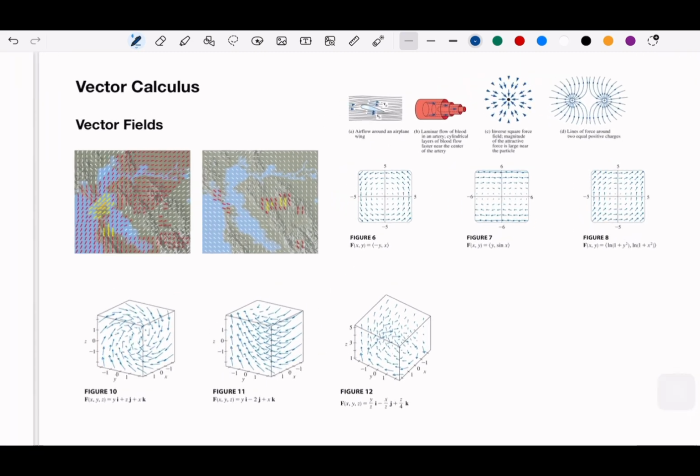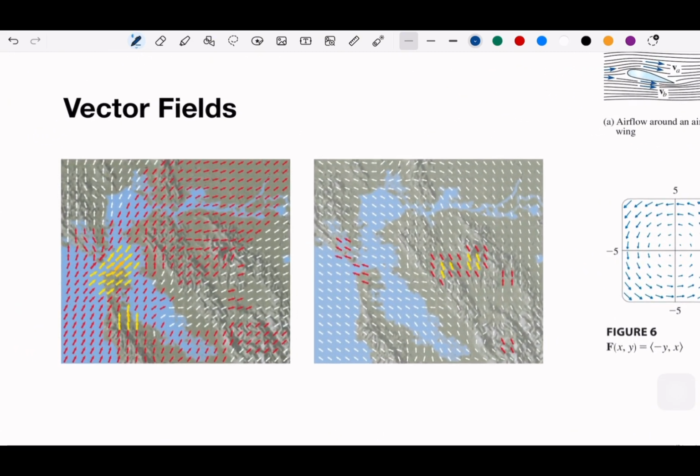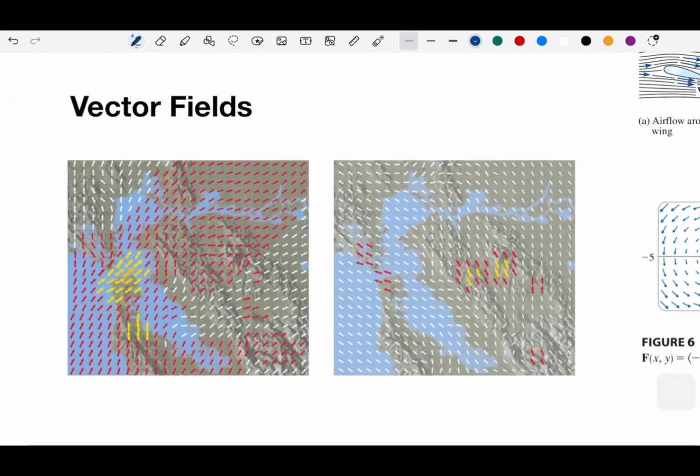So if you see from some example here, of course, since we know what is vector, this is a picture showing the wind patterns that can be elaborated as a vector.